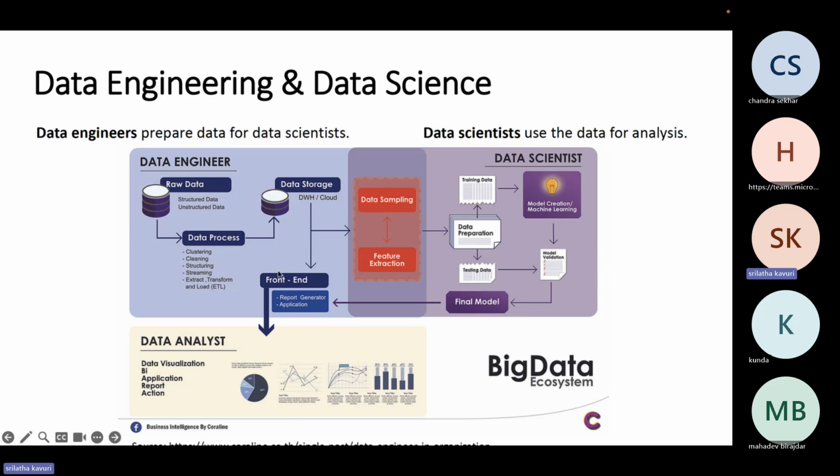So a data engineer is very crucial, whether you take an AI project, a machine learning project, or even a simple business intelligence project. The key to all these projects is the data engineer. Why? Because data quality is very important for any algorithm or project to be successful, and the data engineer plays the key role there.